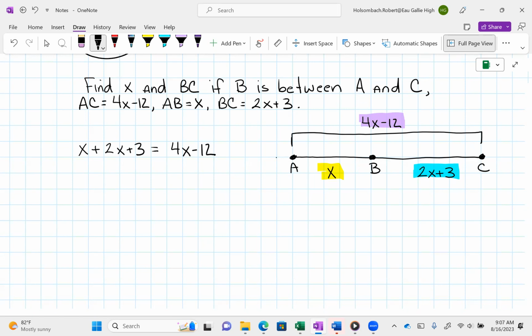So now on the left-hand side of this equation, we've got two x's, don't we? We've got a regular x and we've got a 2x. So we have to combine like terms. And 1x plus 2x gives us a 3x plus 3 that's equal to 4x minus 12.